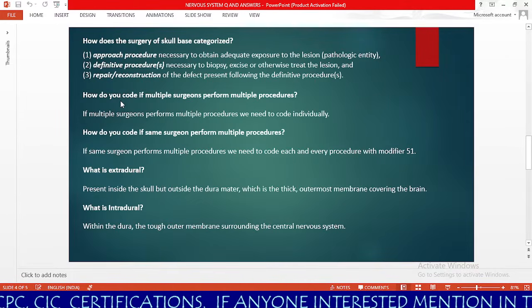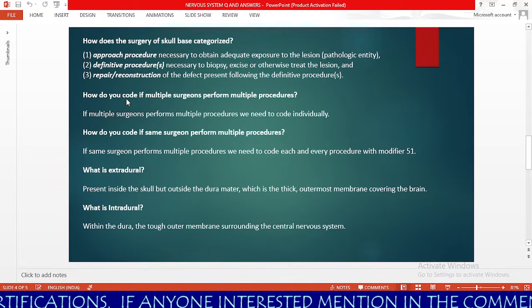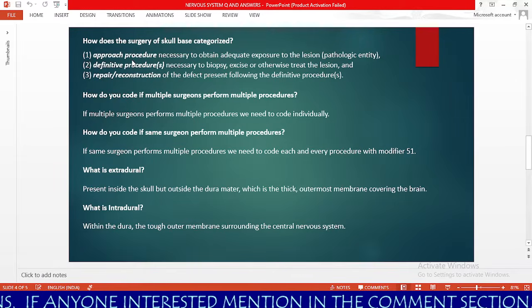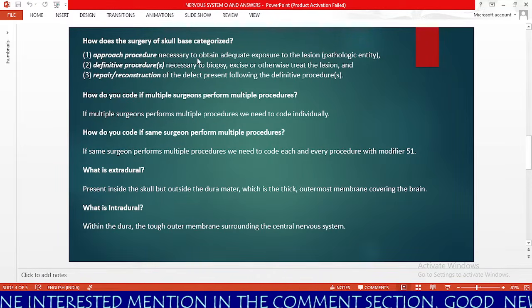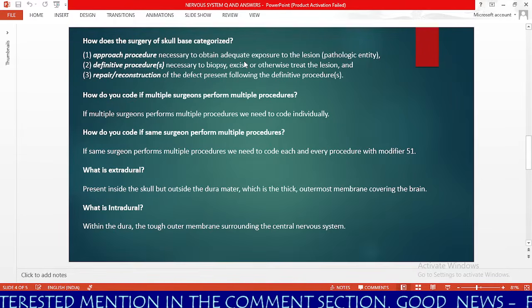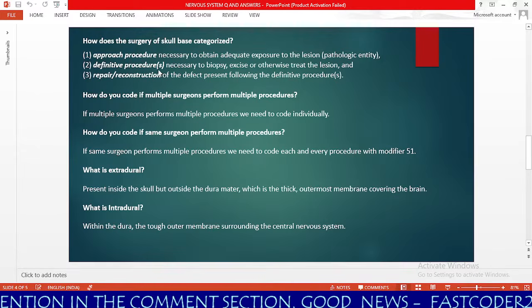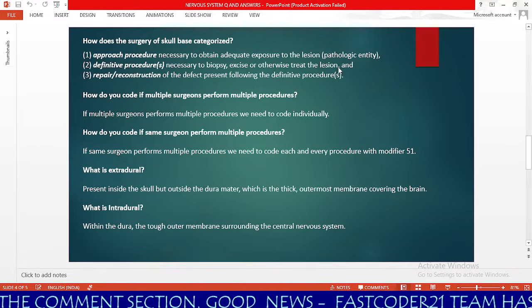Next one is how the surgery of skull base is categorized. Whenever you want to code skull base surgeries, we need to remember three approaches or three steps. First one is approach: how the physician will get exposure to the lesion or any type of pathologic entity. Next one is the definitive procedure, necessary to biopsy, excise, or otherwise treat the lesion.